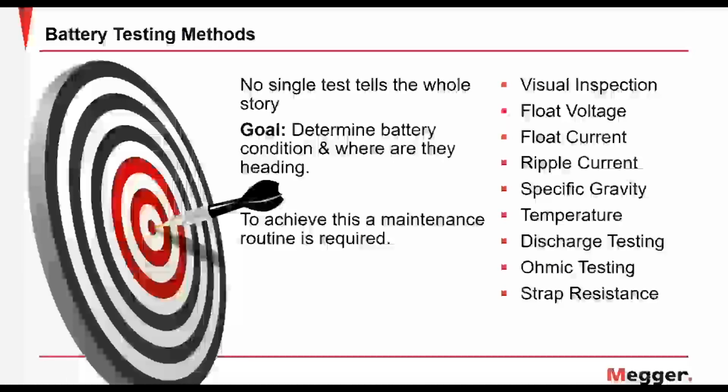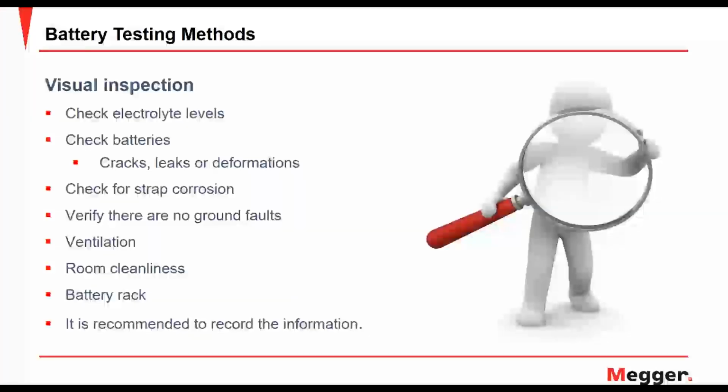Starting with visual inspection, it's very easy to inspect, especially for ventilated lead acid batteries, checking the electrolyte level is always at the nominal value, checking the battery does not have any corrosion, cracks, leaks, or deformation, thus indicating a failure.